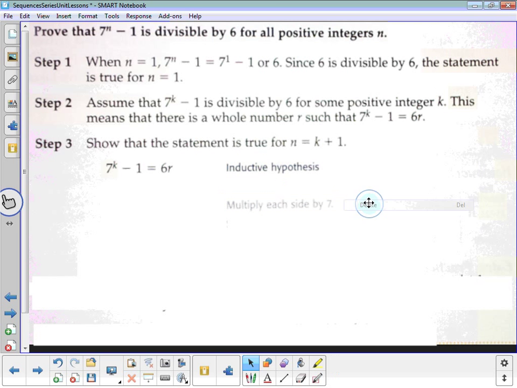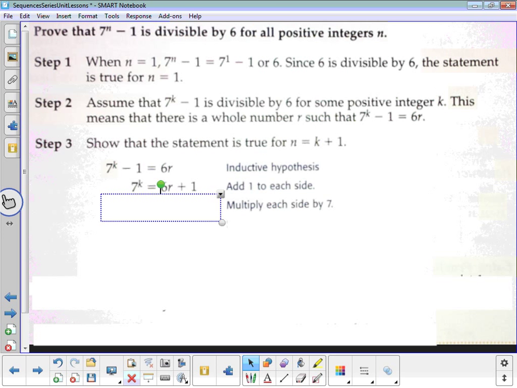Sorry, I'm going to add 1 to both sides. I want to get that 1 on the other side, get that 7^k by itself. Now I'm going to multiply both sides by 7. And the reason for that is I get 7 times 7^k.